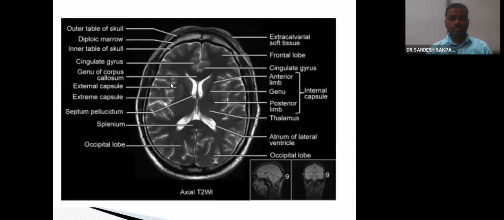This ribbon-like structure is the insular cortex, this is the caudate nucleus. We have globus pallidus, and this is the thalamus. In between we have the anterior limb, the genu, and the posterior limb of the internal capsule. Behind we have the occipital lobe. So this is all about that.